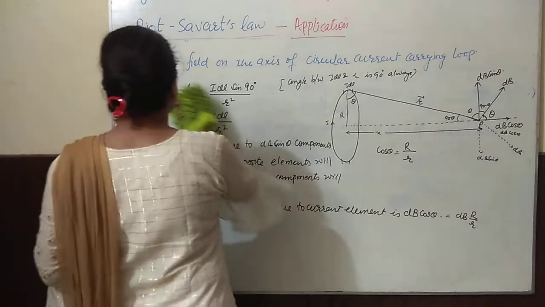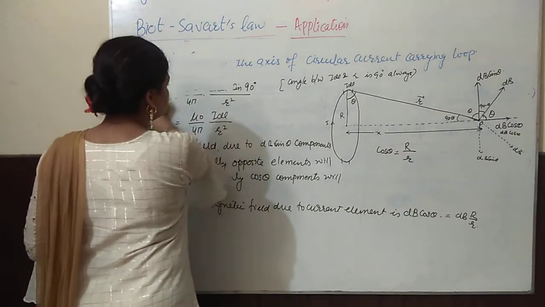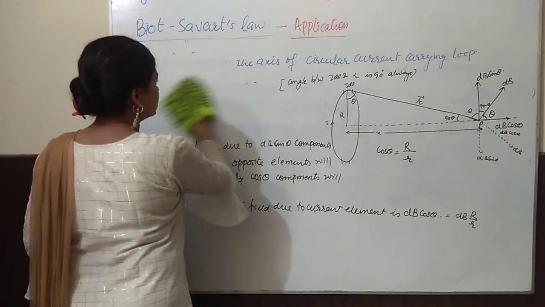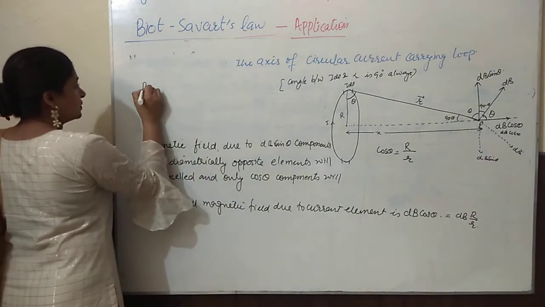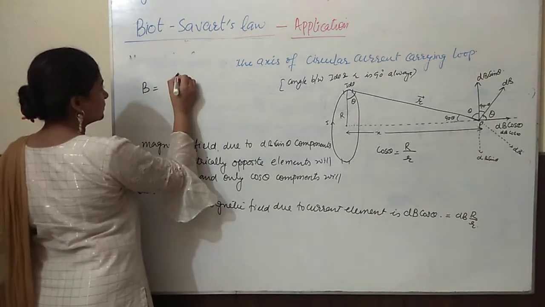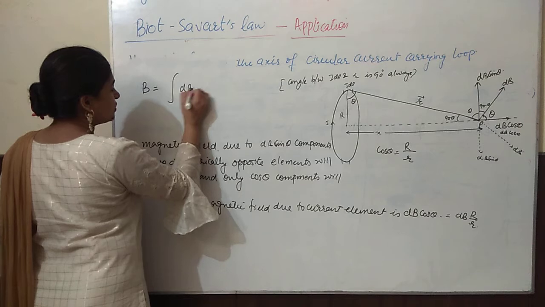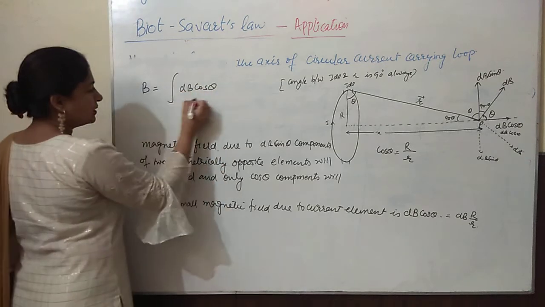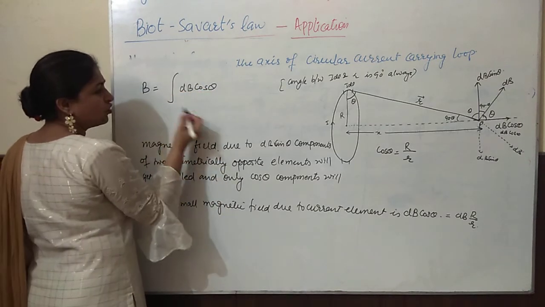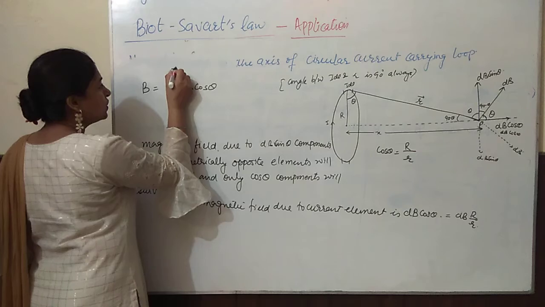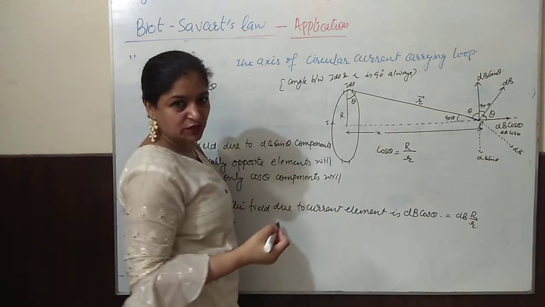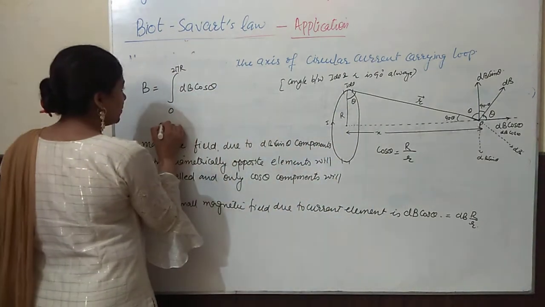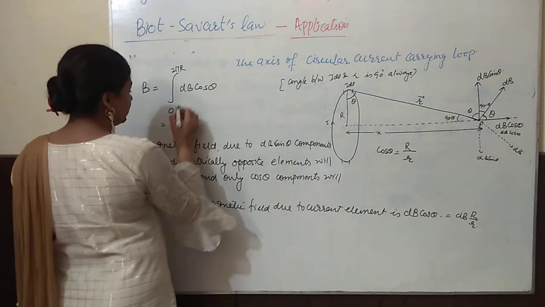That would be the integration of dB cos theta for the whole length, 0 to 2 pi r. The whole length of the loop is the circumference of the loop, that is 2 pi r. So now let us write down the values of these quantities.